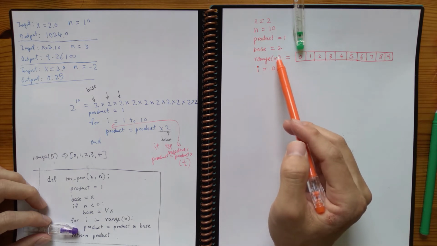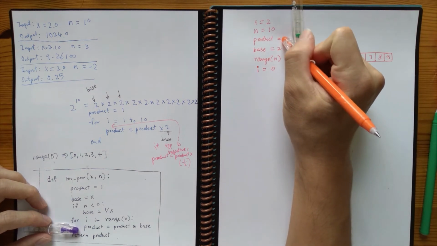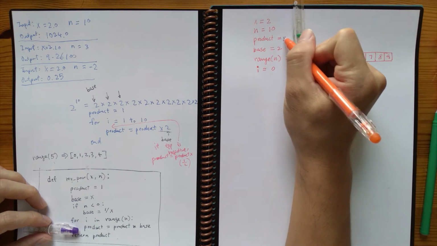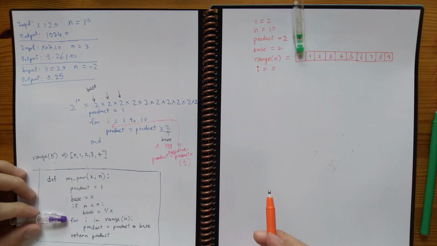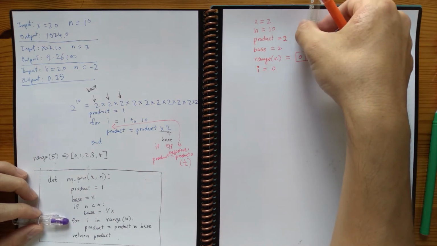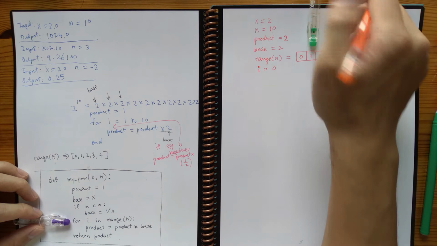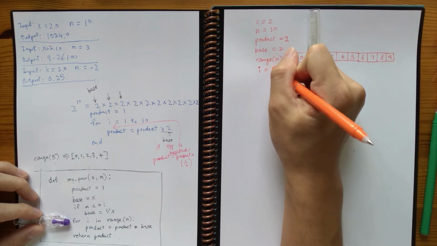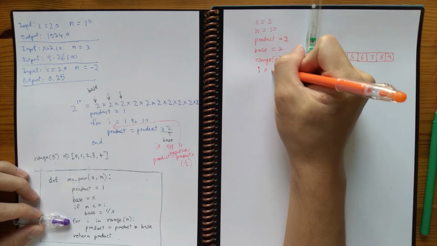We're going to take 2 and set it back into the product. Now we're going back to the top of the loop. I'm going to move this pointer over, and that is now going to be the new version of i. So i is 1 now.